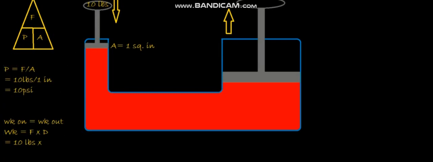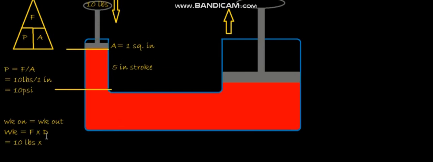So how far this will go down when I apply the pressure, because in a normal hydraulic system, it'll have a stroke distance. Okay, so we need to know what that is. So for this one, we're going to say that the stroke distance here is 5 inches. It's got a 5-inch stroke.